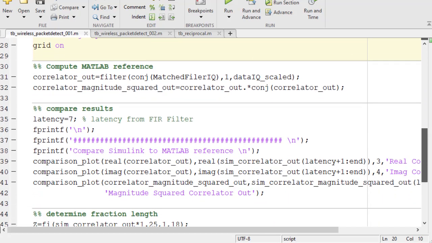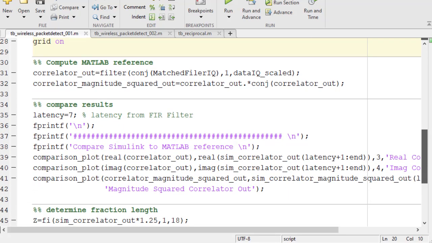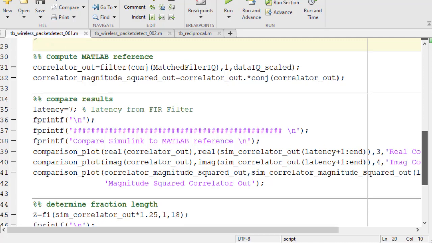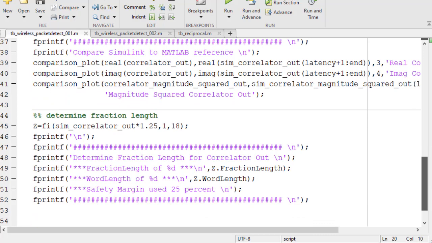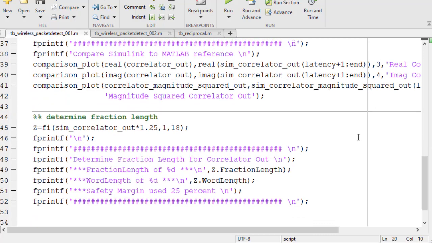And I'm going to compare the MATLAB reference of the computed values back to what we got from a Simulink model that's nominally doing the same things. And I'll also take a look. We're going to have a value which is the output of the match filter, the correlator. We'll take a look at that output.